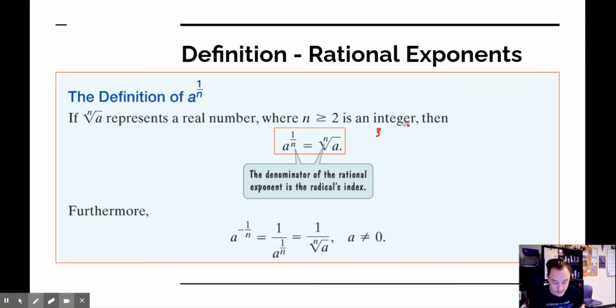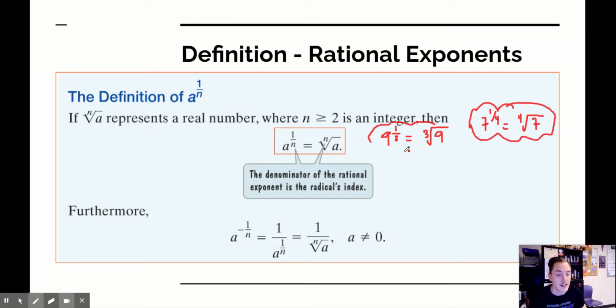If I have 9 to the 1 all over 3 power, 1/3 power, this means 3 as my index and then 9. That's what that means. Or better yet, if I have 7 to the 1/4 power, that means the 4th root of 7. Okay? So this is what it means.